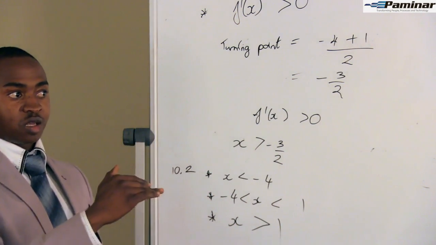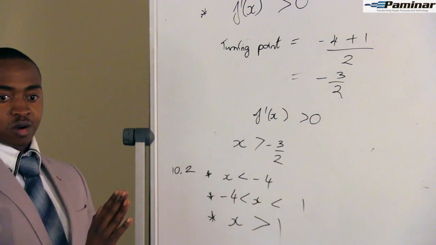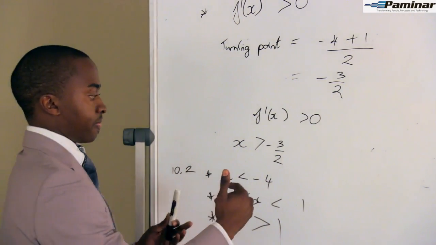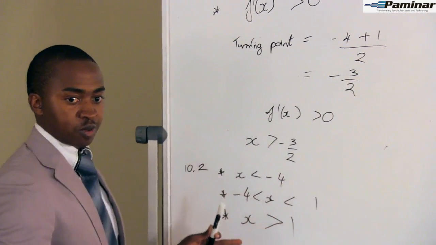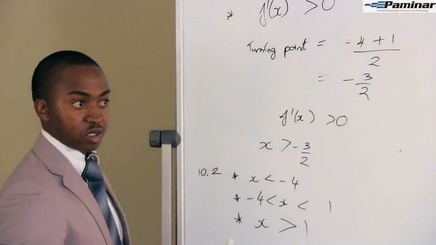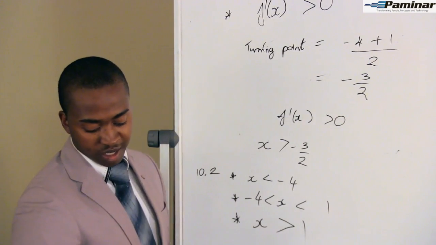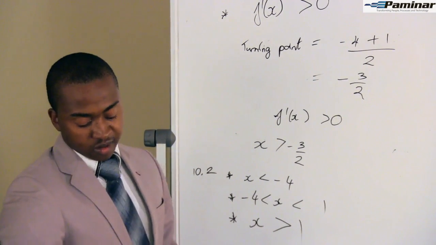You need to check what's happening in those three intervals and see where your local minimum might lie.